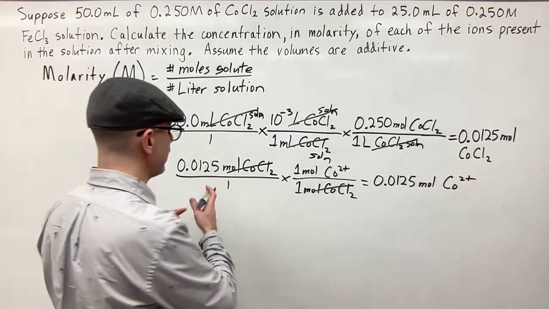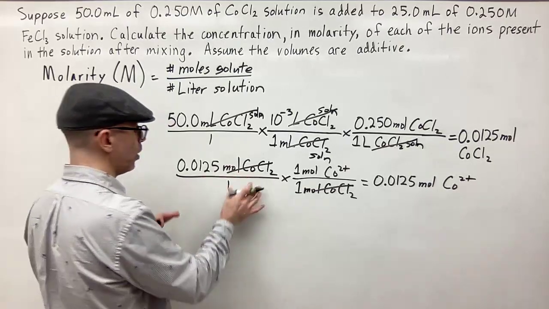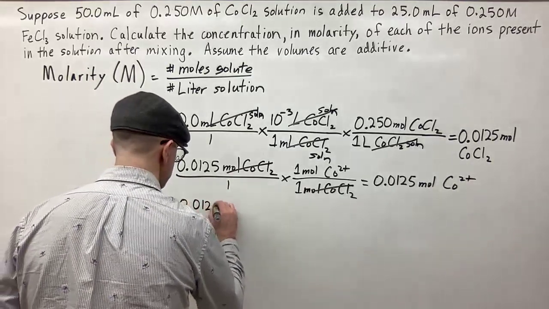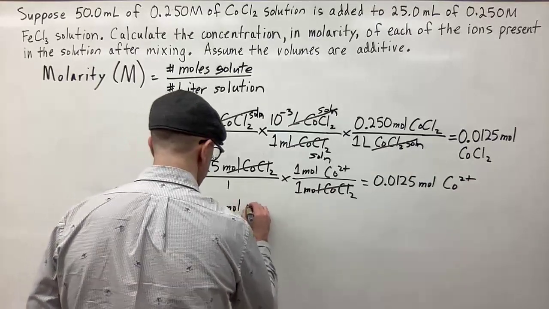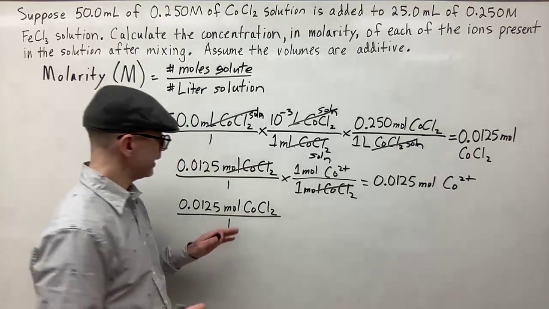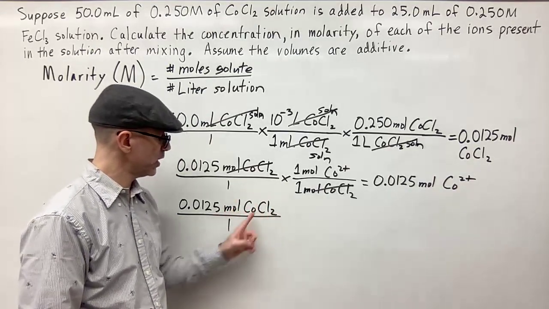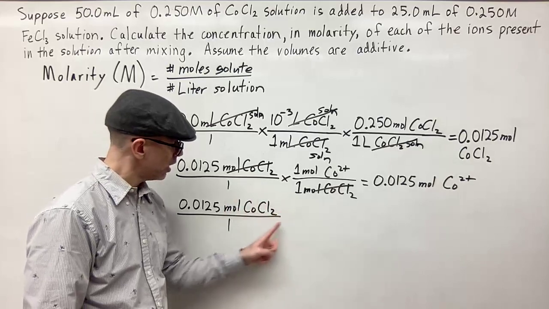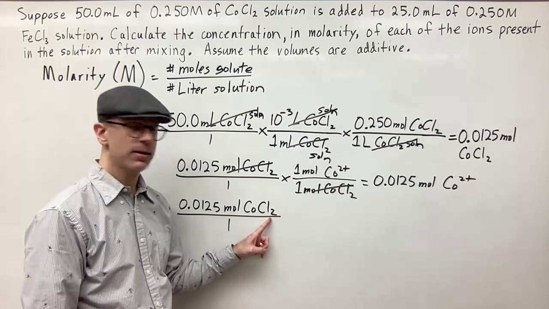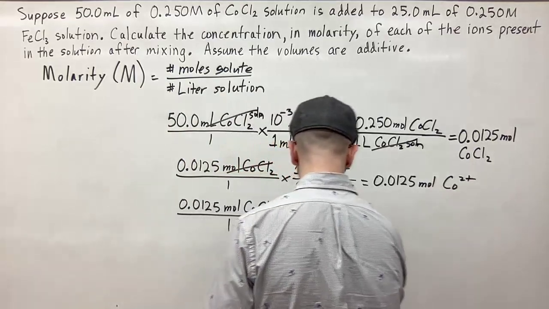Now I can do the same thing with chloride. I can find out what the moles of chloride are in this many moles of the cobalt 2 chloride. So here I do the same thing, 0.0125 moles of the cobalt 2 chloride over 1. And here, the mole ratio from the formula is 1 to 2, because for every 1 formula unit of the cobalt 2 chloride, I get 2 chloride ions, so therefore it's 1 to 2. So I'm going to set up the conversion factor.